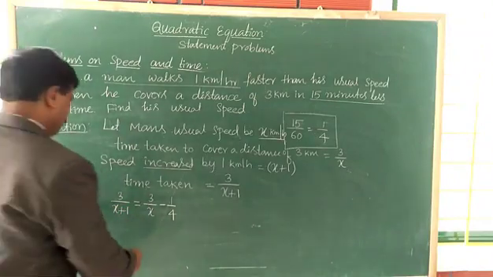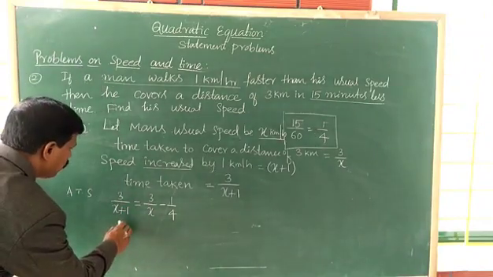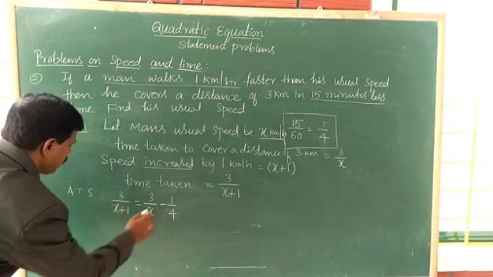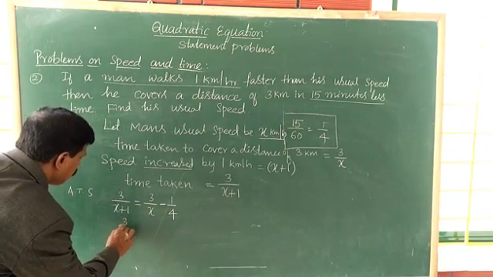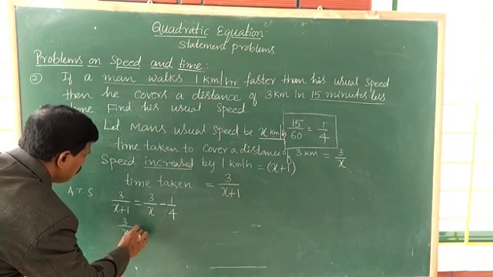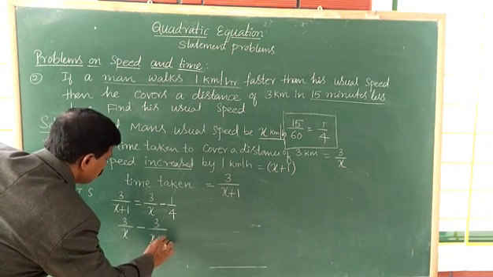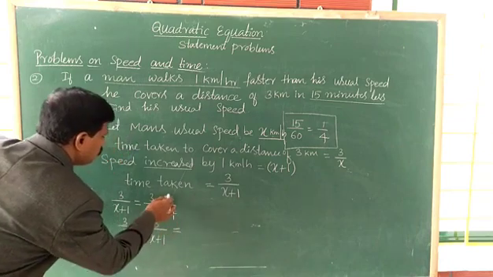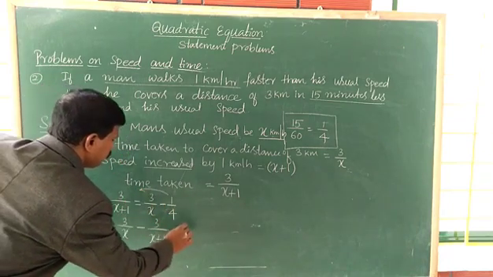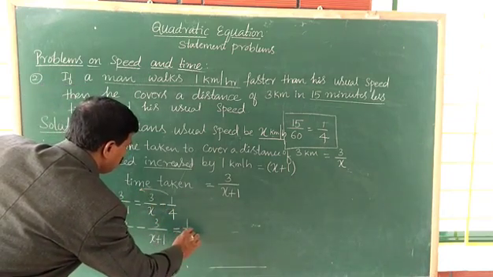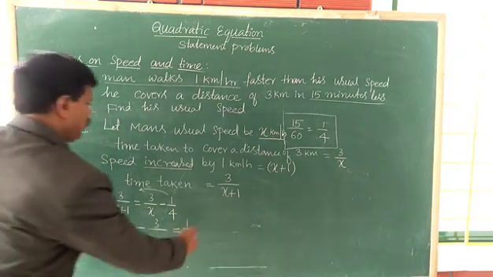Okay, now converting this, shift this one to that side. So it becomes 3 by x minus 3 by x plus 1 is equal to this minus 1 by 4 shifted to that side, so it becomes 1 by 4.